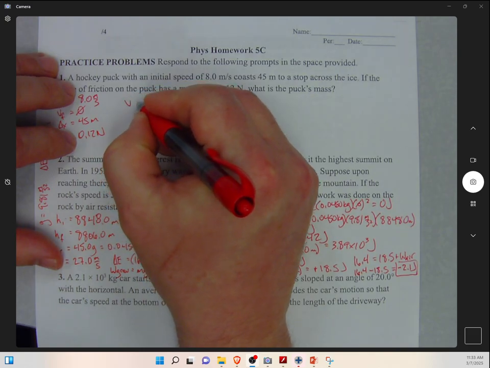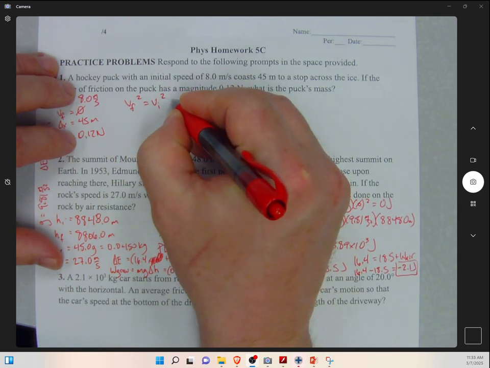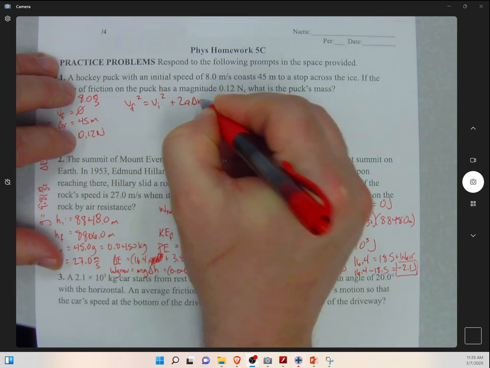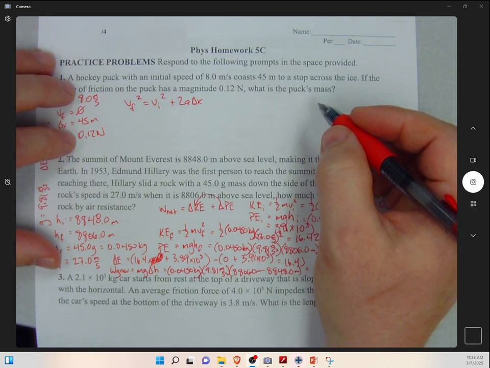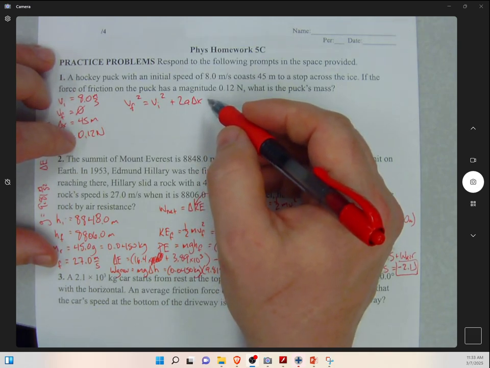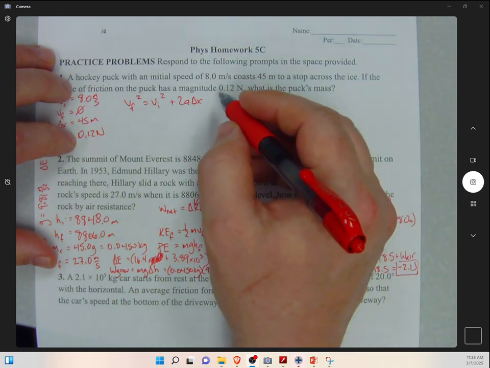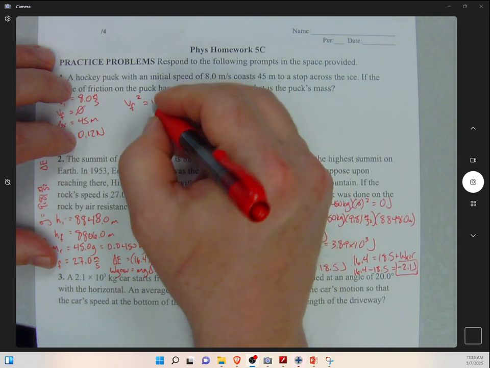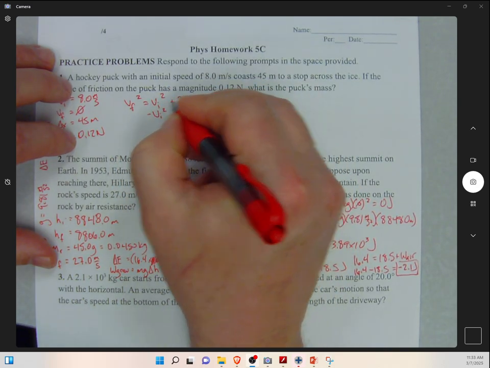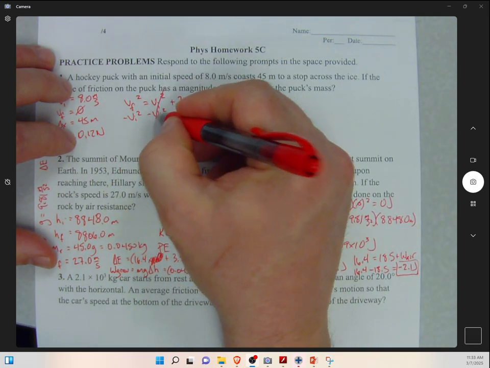If you guys remember our kinematics, super fun stuff. Now, the reason we're going to use this one is so that we can calculate the acceleration. So if I'm going to solve for acceleration, first thing I'm going to do is get the initial velocity over there.